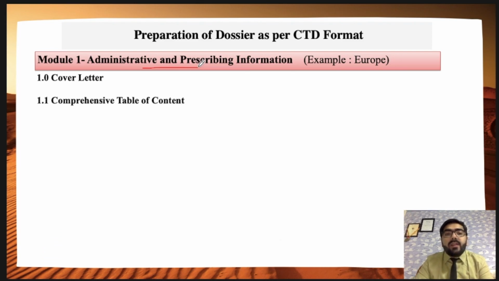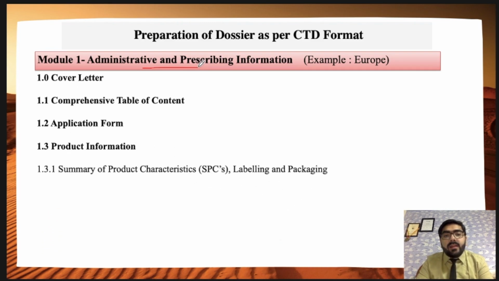Then there is a comprehensive table of contents, then application forms, then product information. Under product information there are several things we have to submit: the summary of product characteristics, and the labeling and packaging information about the product.